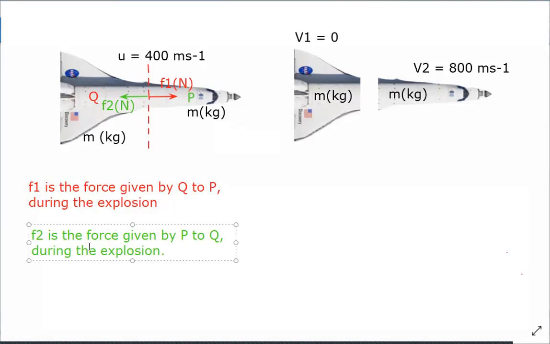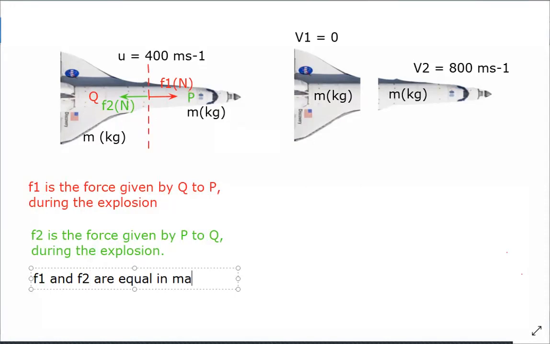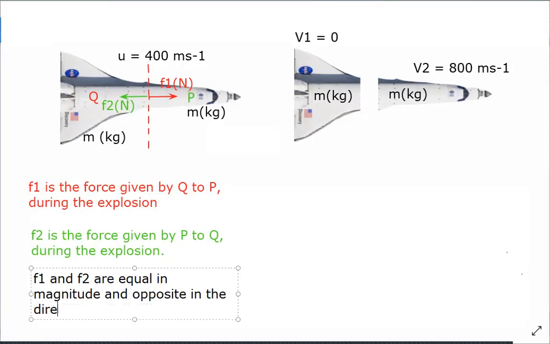right? And F1 and F2 are equal in magnitude and opposite in direction.